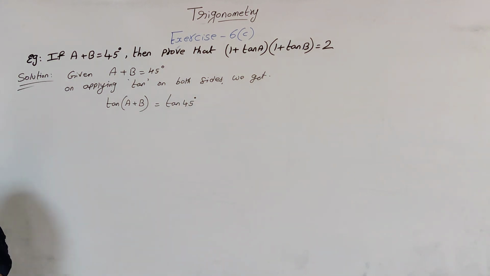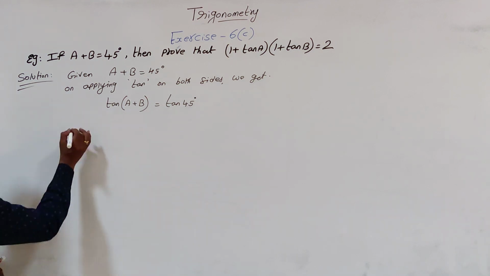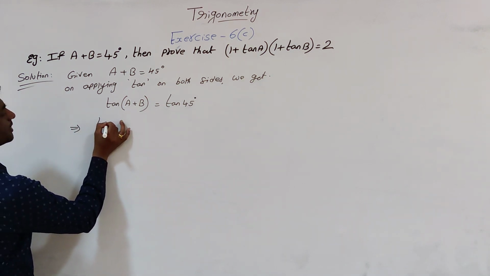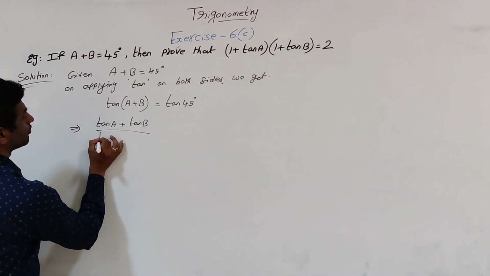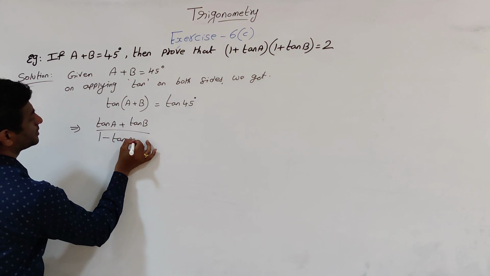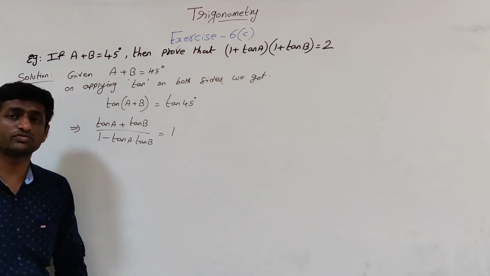Both will be the same. Now if you expand, tan of A plus B is what? Tan A plus tan B by 1 minus tan A into tan B is equal to what? 1, because tan 45 is 1.